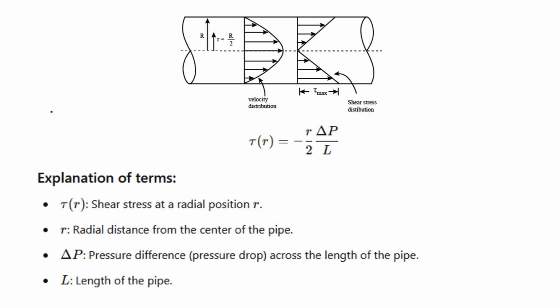It increases linearly with r toward the wall. At the pipe wall, r equals R, shear stress is maximum. The negative sign means shear stress acts opposite to the velocity gradient, resisting fluid motion.